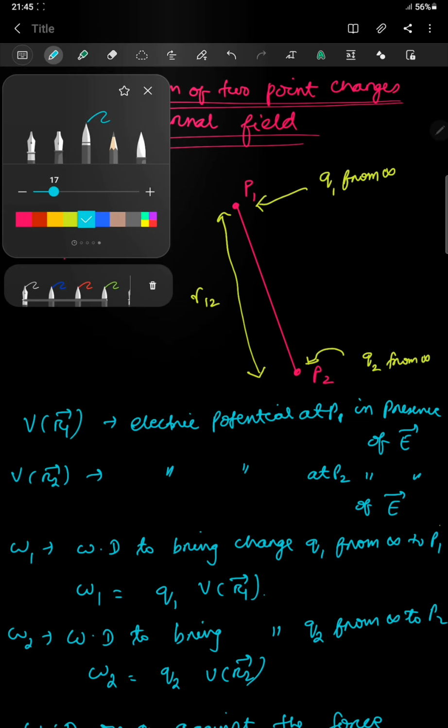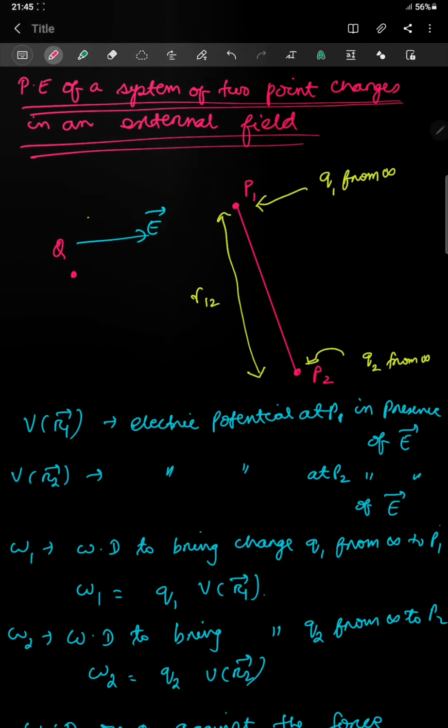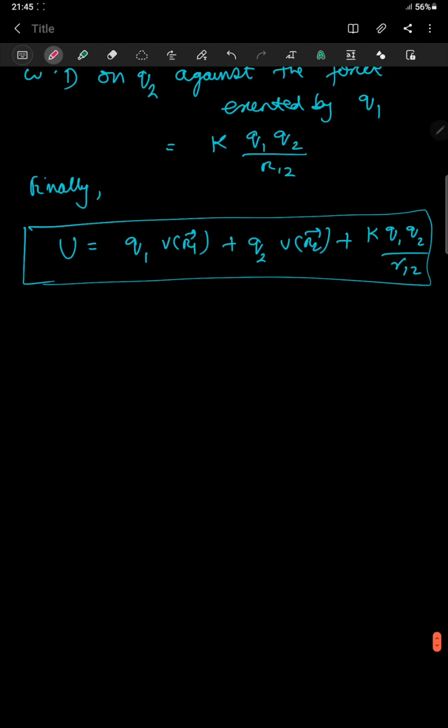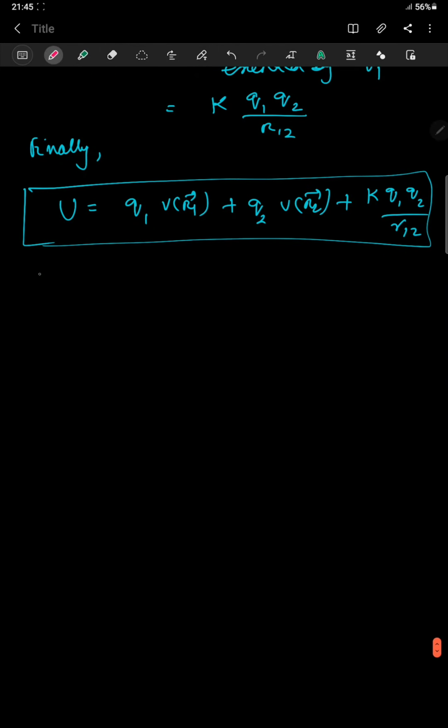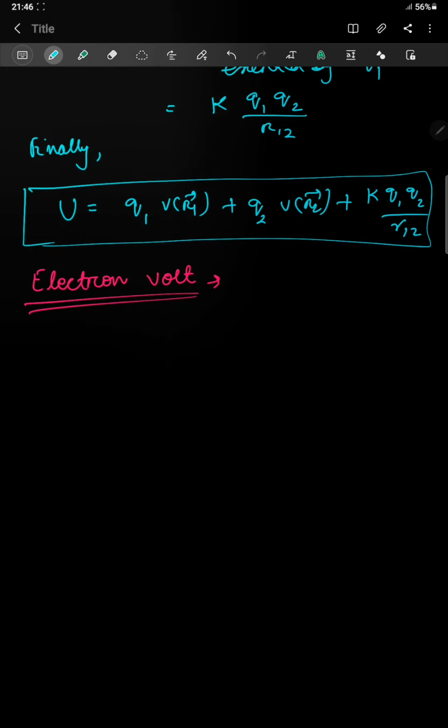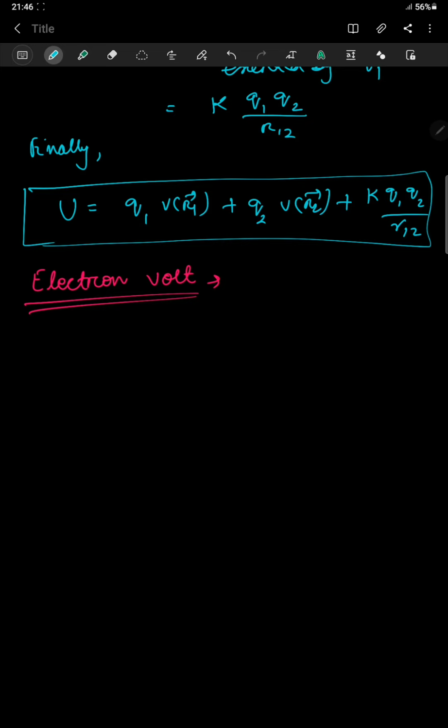Okay, so today's last concept that we are going to study, you already know it, a very simple one, that is your electron volt. This is very easy to understand, we also know it from our previous classes.